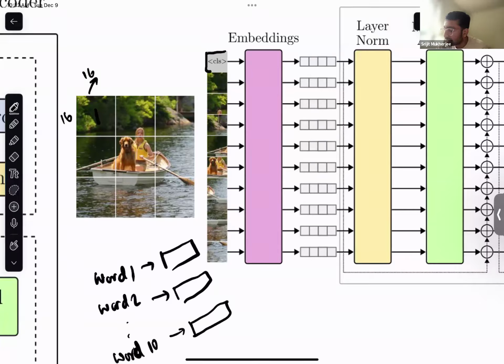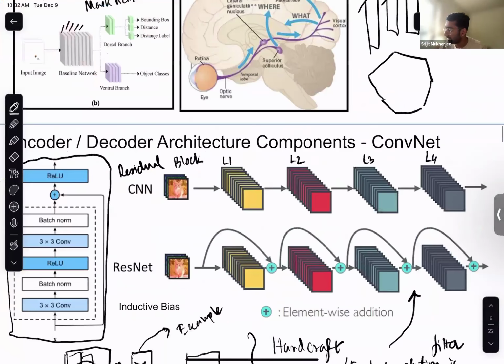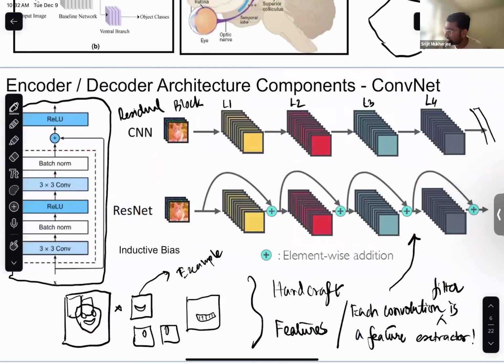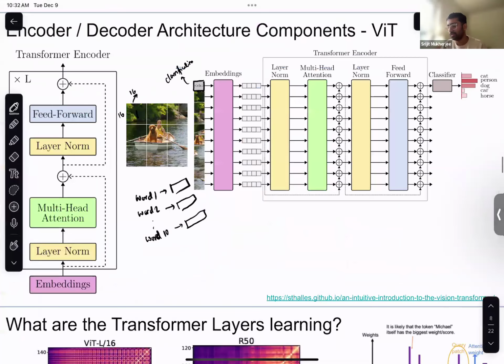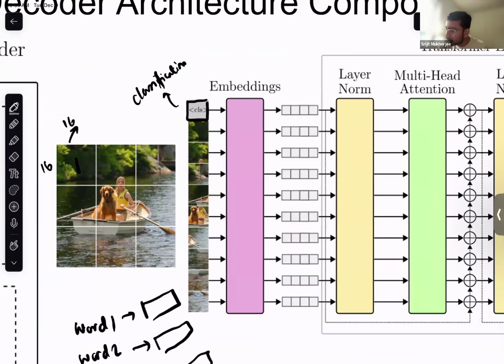So the CLS token, as you know, in language also, stands for classification. In other words, the CLS token is very similar to this last layer here. It's a global kind of feature extractor of all the patches together. So the CLS token has attention to all the patches, right?